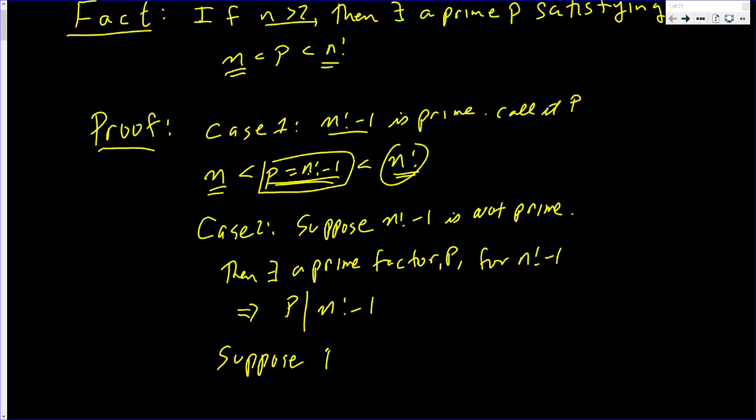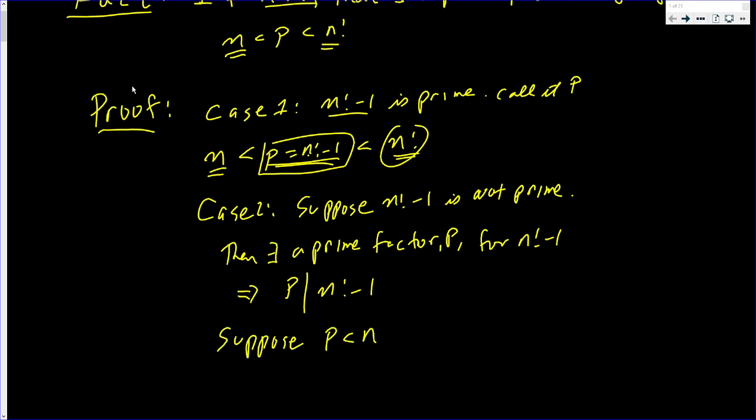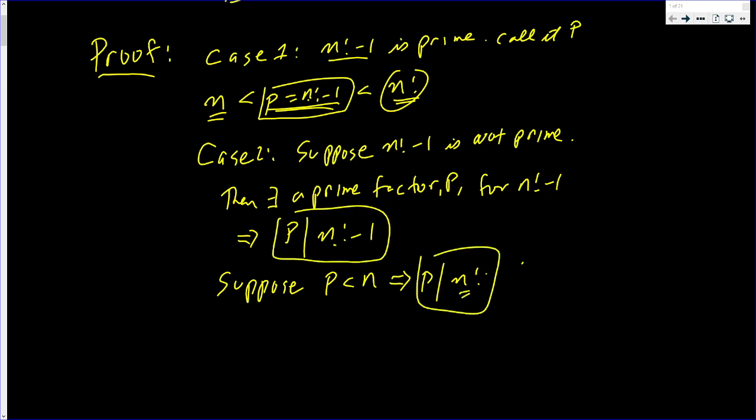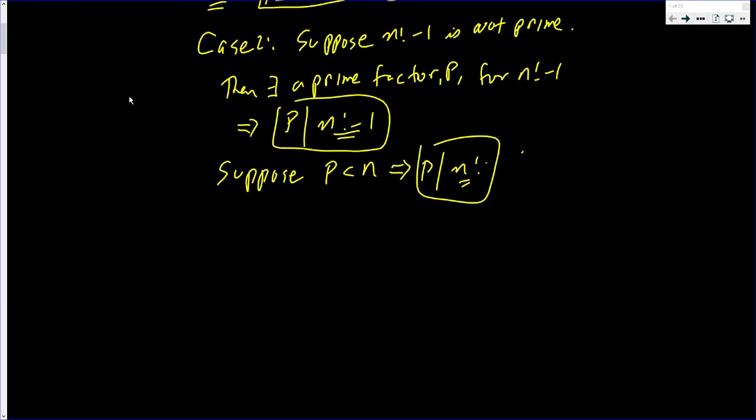Suppose p is less than n. Now that's where everything comes together. That means p divides n factorial, because n factorial is a multiple of n. Alright, so now we have over here p divides a number, and p divides one less than that number.